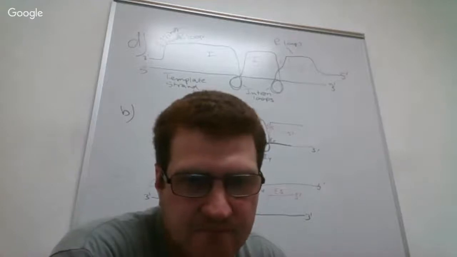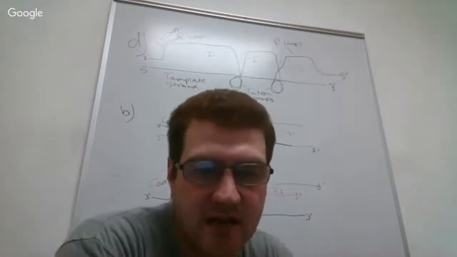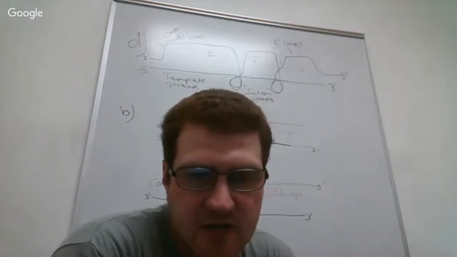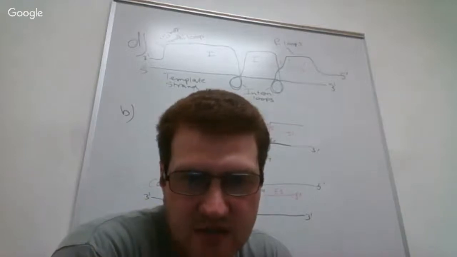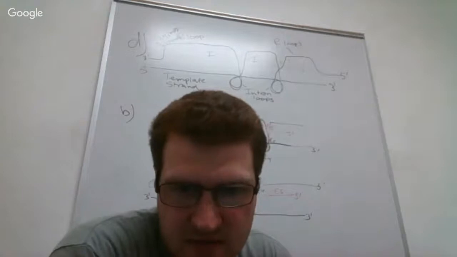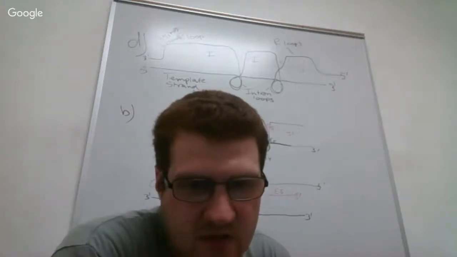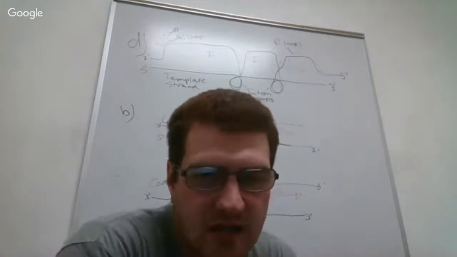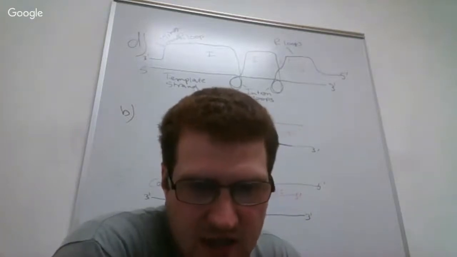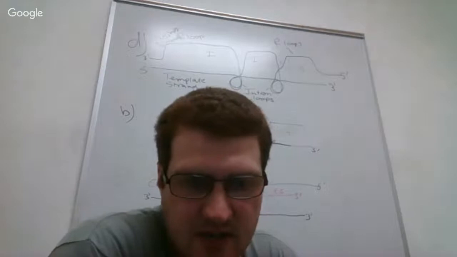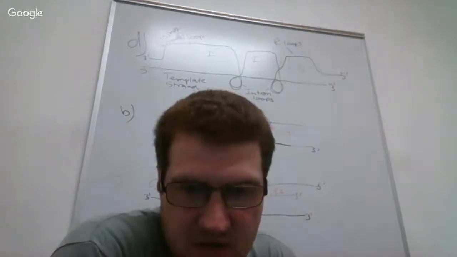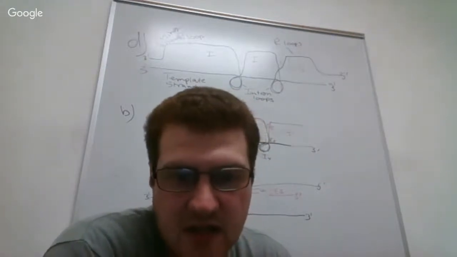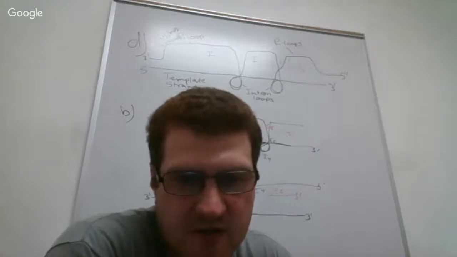TFIIB is a GTF which acts as a bridge subunit to link TFIID and TFIIF/RNA polymerase II, and TFIIH is a GTF which acts to phosphorylate and activate RNA polymerase II.